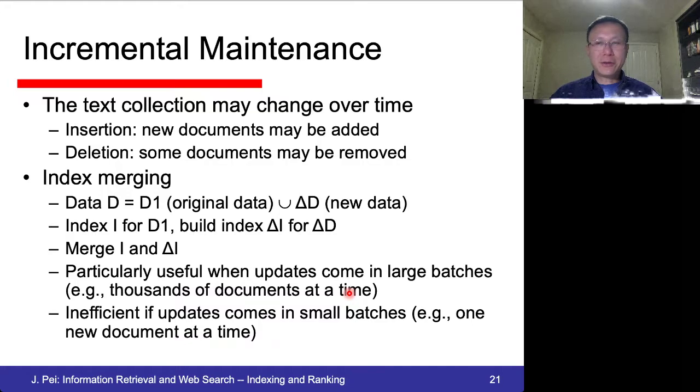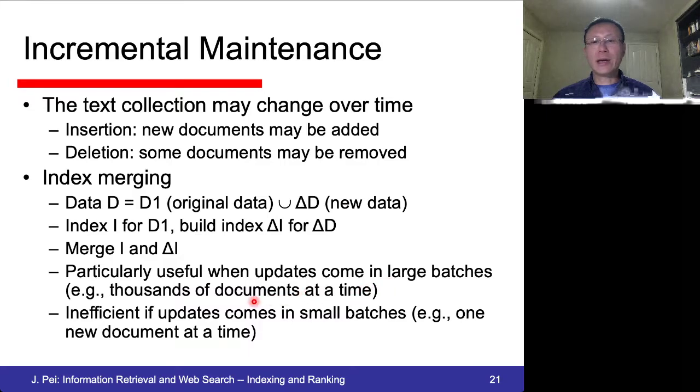One idea to handle incremental maintenance is that we can build multiple inverted indexes. We maintain the data D as two parts. For example, one is the original data, one is the new data. Then we build index I for D1, and we build delta I for the delta data. And we only need to merge I and delta I. This is particularly useful when the updates come in large batches.